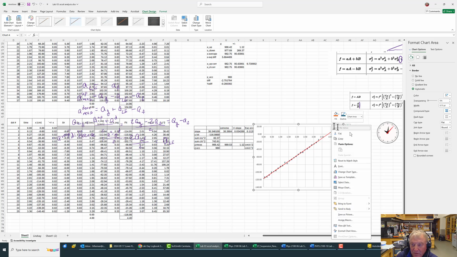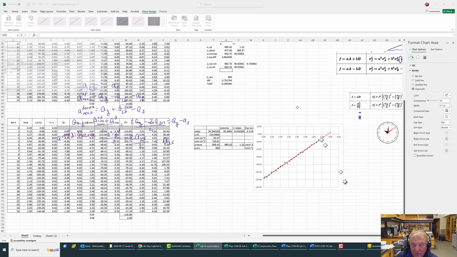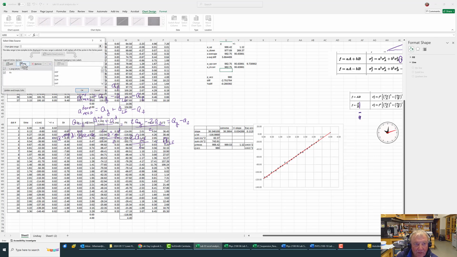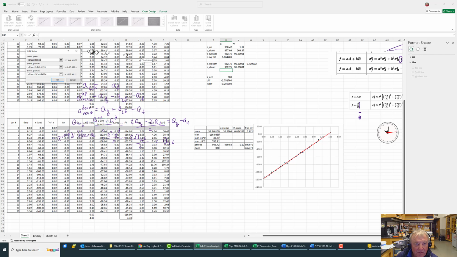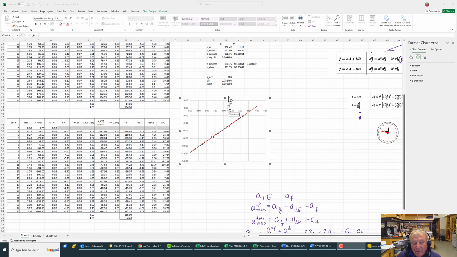Because that's just an extension of the fit line. And the X values are okay. And the Y values are, oh. Okay, I see. I've got to pause this a moment. So I got that text out of the way.